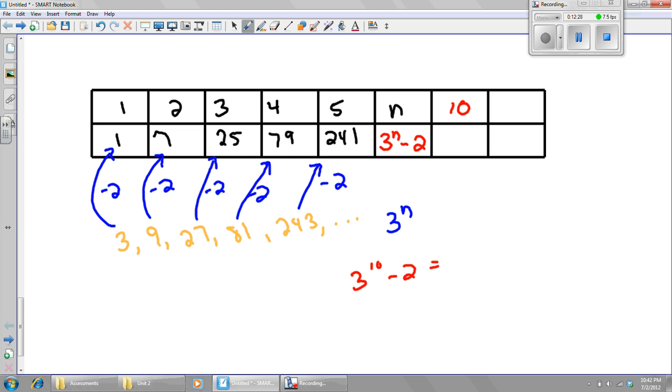That's a very large number for only being the 10th term of the sequence. If I did the 100th, I'm going to get a humongously large number in scientific notation: 3 to the 100th power minus 2 ends up being about 5.15 times 10 to the 47th power. The last one had 30 scoopies; this one would have 47, multiplied by 10, 47 different times.